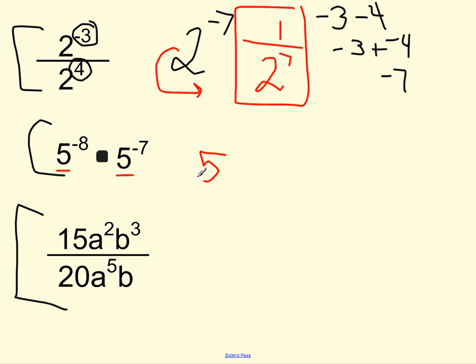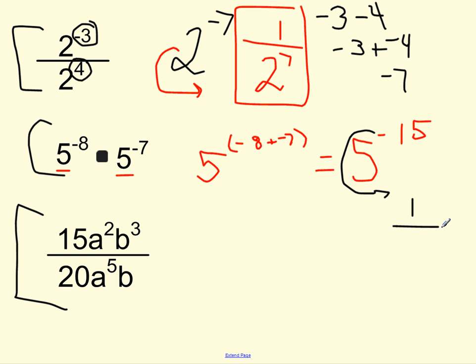So this is going to become 5 to the negative 8 plus negative 7 power. That is going to give us 5 to the negative 15th power. And since most math people like to not have negative exponents in their final answer, that negative exponent tells you that 5 has to go on the bottom of a fraction, so it becomes 1 over 5 to the 15th.